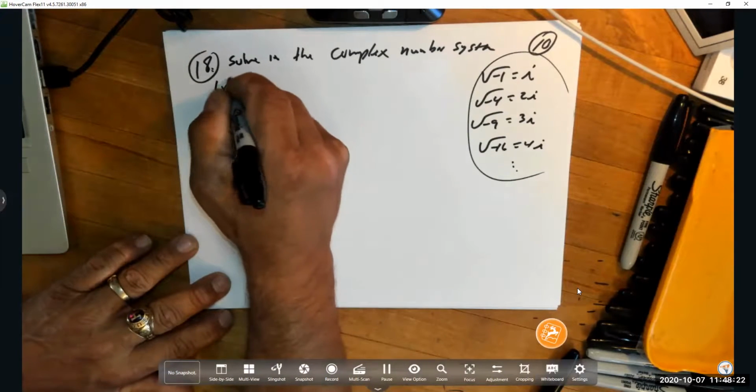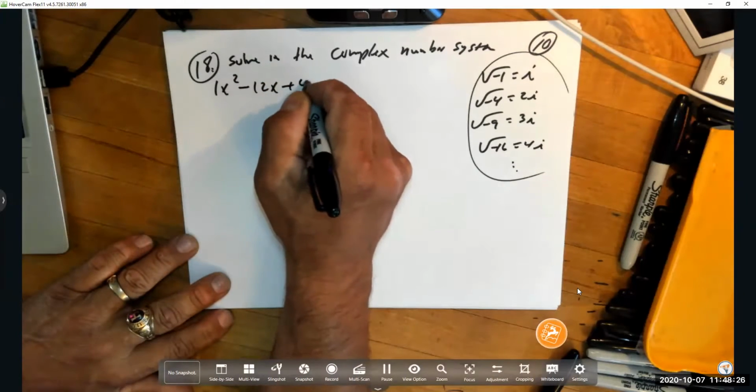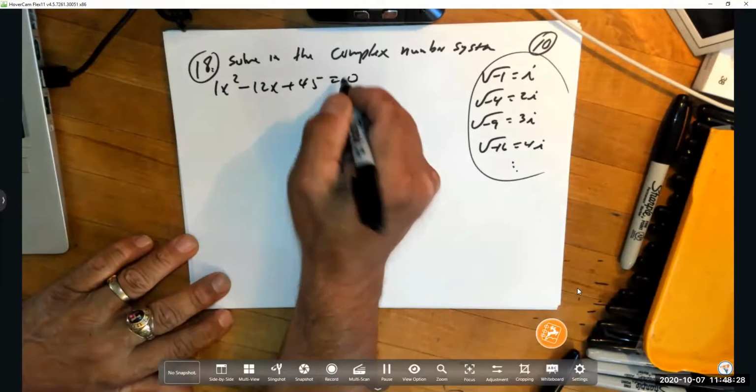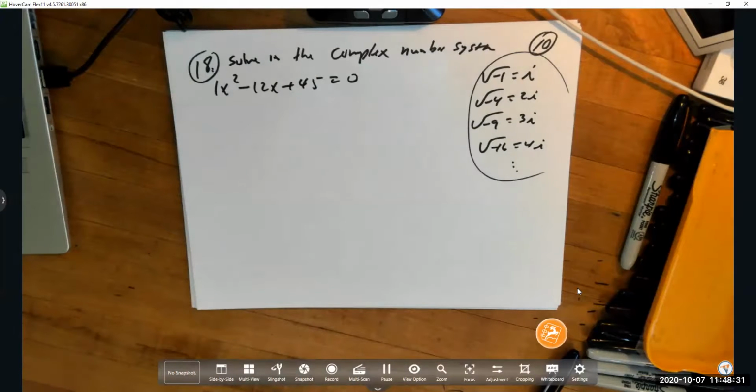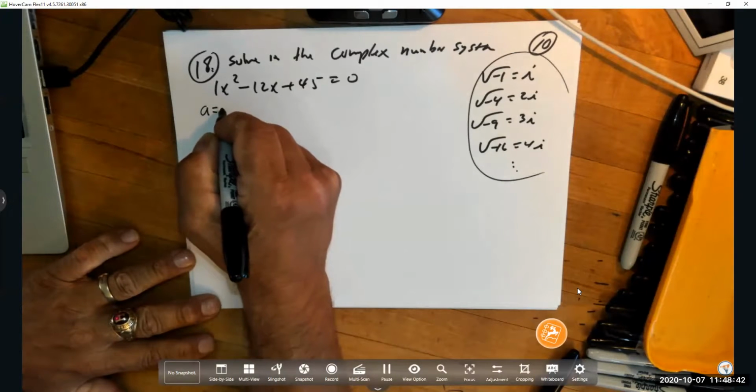All right, so ready? 1x squared minus 12x plus 45 equals 0. Carefully, before I use the quadratic formula, what do you think A is? 1.